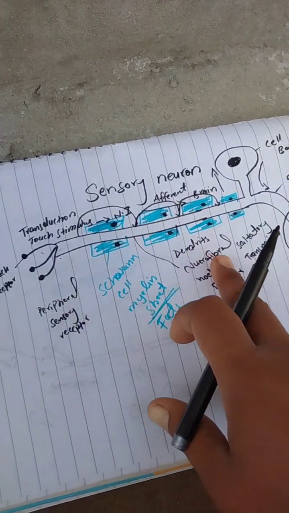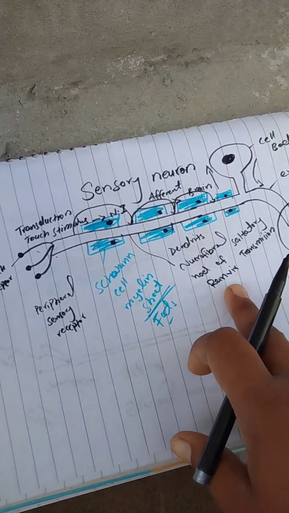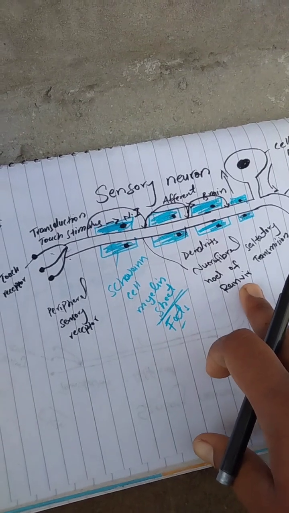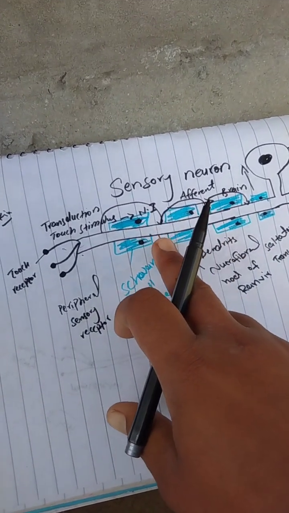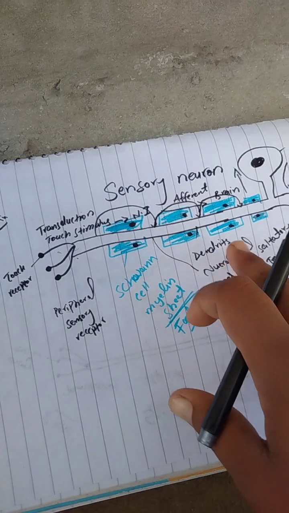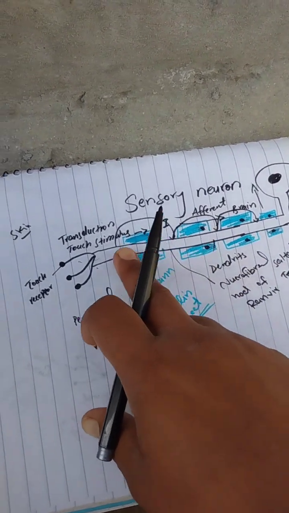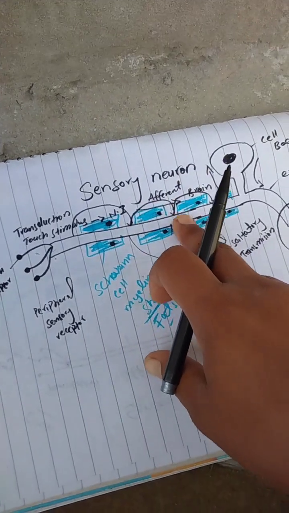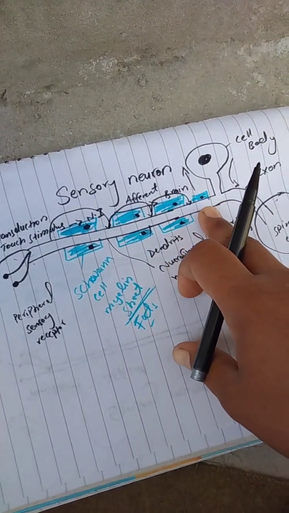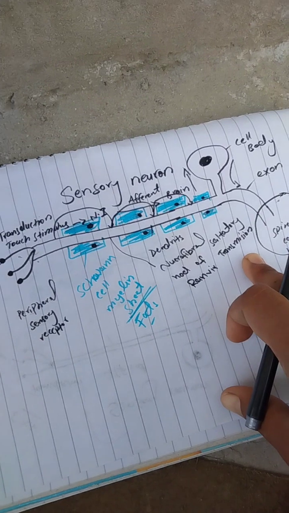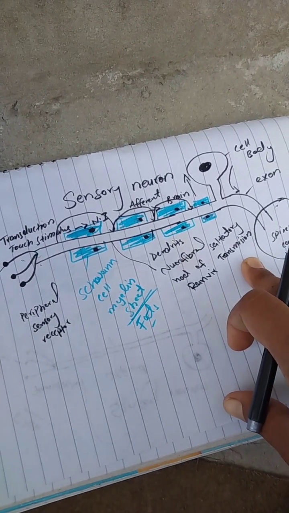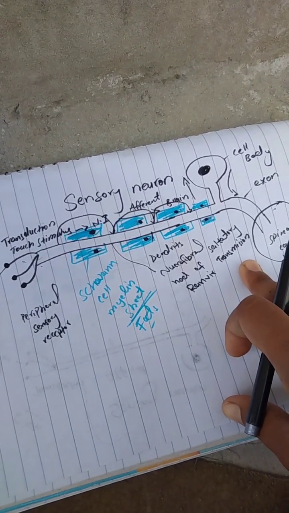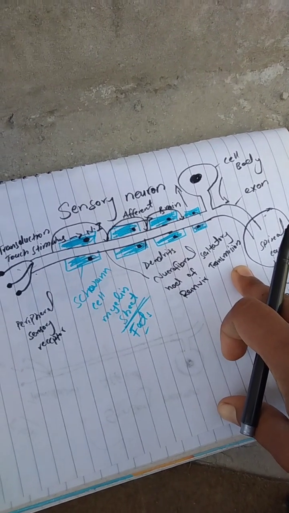This space is called the neurofibril nodes of Ranvier. Ranvier is a scientist who discovered this space. So the nerve impulse jumps from one node to another, one node to another. This process is called saltatory transmission.